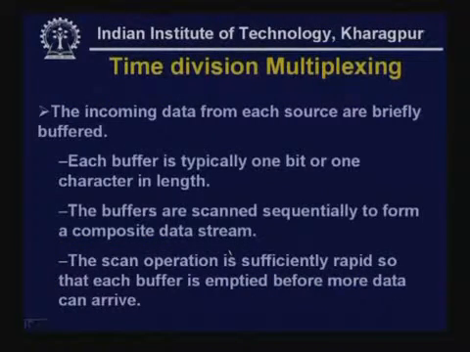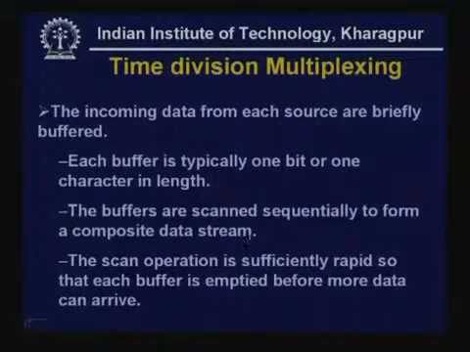So, here what we do, the incoming data from each source are briefly buffered, and each buffer is typically 1 bit or 1 character in length. First the signal is received, then the signals are buffered before doing the multiplexing.